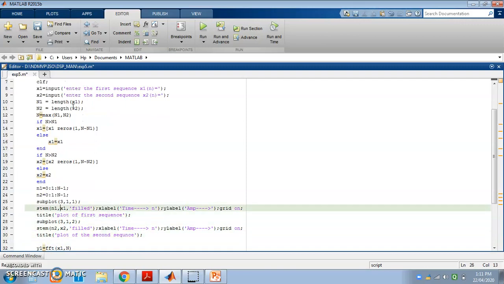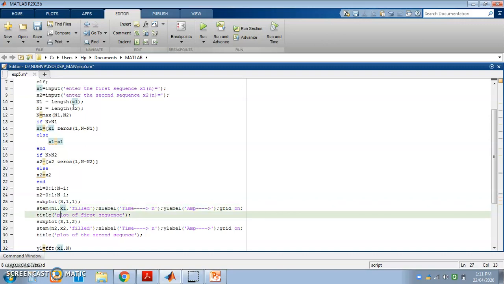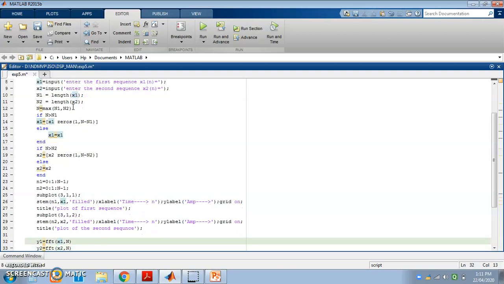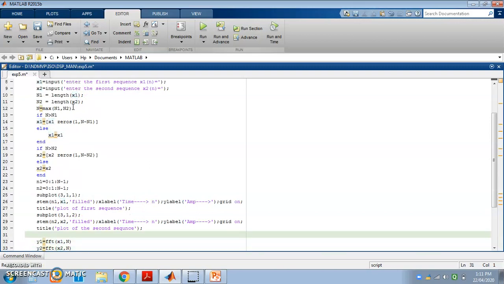It is done with stem, xlabel, ylabel, grid on, title, and the most important is the subplot command that we all know. So up to line number 13, I have entered the original sequences x1 and x2 and plotted them with the same length with the help of zero padding.